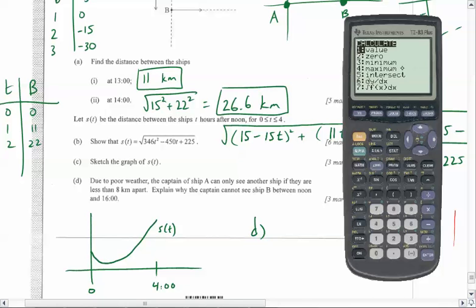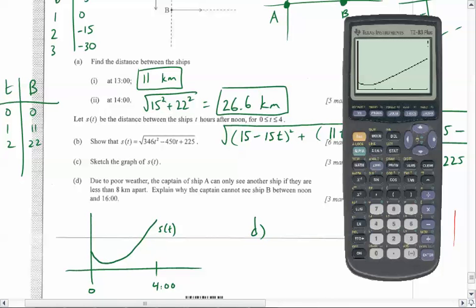Let's check out and see what the minimum separation is. So left bound, a little left of the minimum. So this is the distance between the ships. The y value is the distance between the ships.